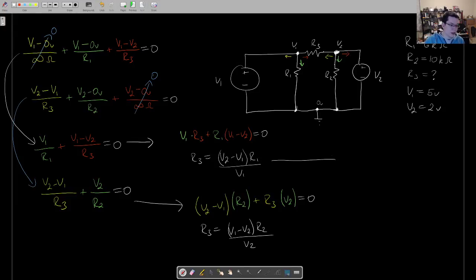So now we can use these equations, set them equal to each other. We got V2 minus V1 times R1 over V1 equals V1 minus V2 times R2 over V2.